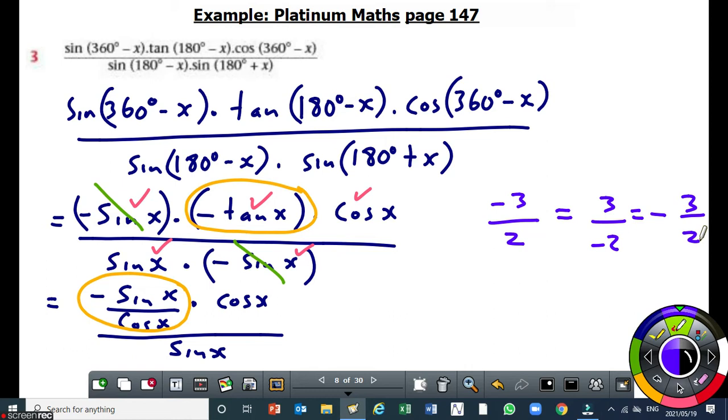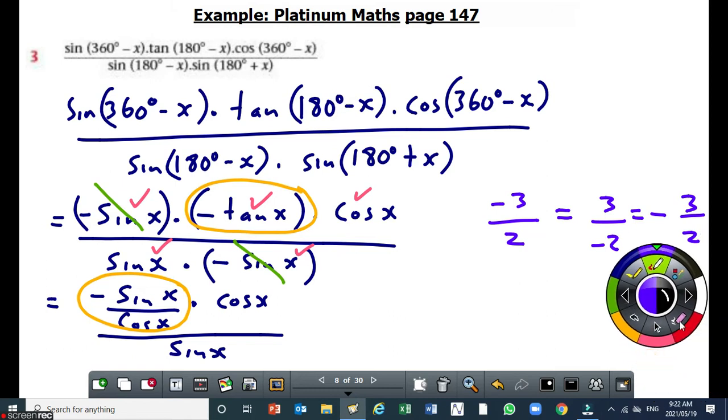But I would suggest, in the way that I wrote it here, I make the numerator negative, or I can just remove this minus and put it in line with the division line, to avoid unnecessary confusion.